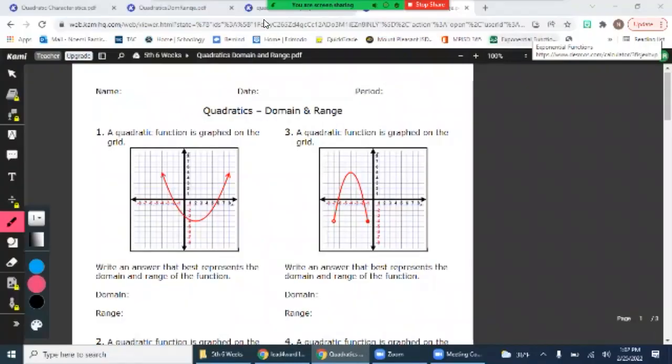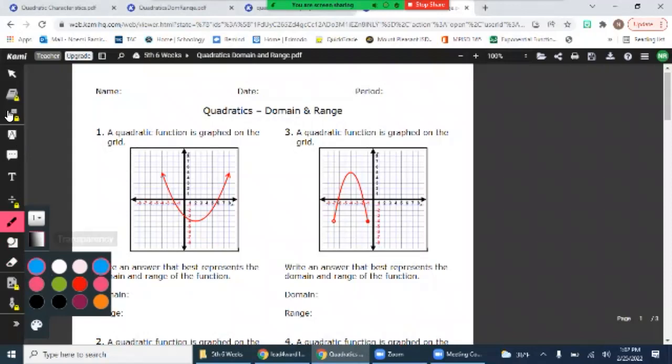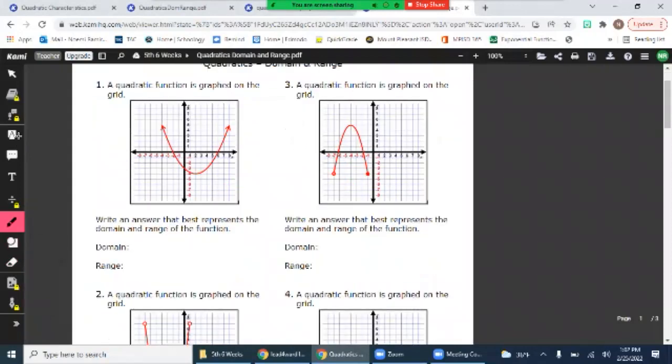All right, on the assignment, I want you to practice. You are going to do the domain and range for all of them, but I want you to practice writing it out in word form. For number 1, you're going to do it for the range. Put a star next to it.